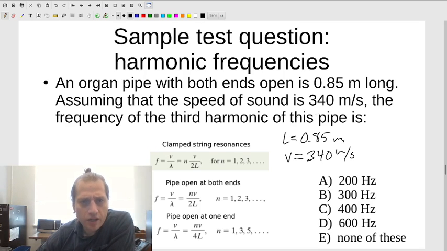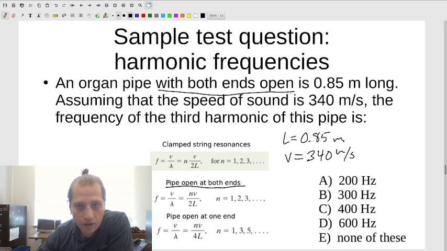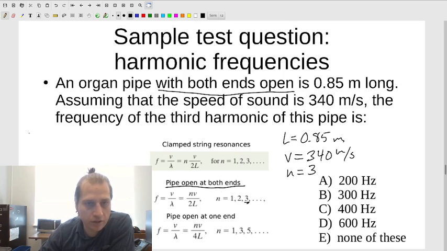And it asks us for the frequency of the third harmonic of this pipe. So in this case, I could just pick out that it's a pipe open at both ends. They tell us that. And then the third harmonic would be n equals 3. Okay, so then I could define the frequency, just plug in some numbers. n would be 3.